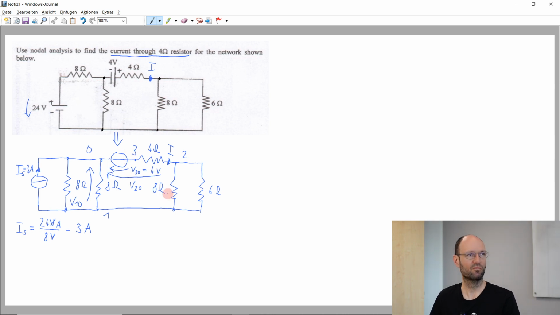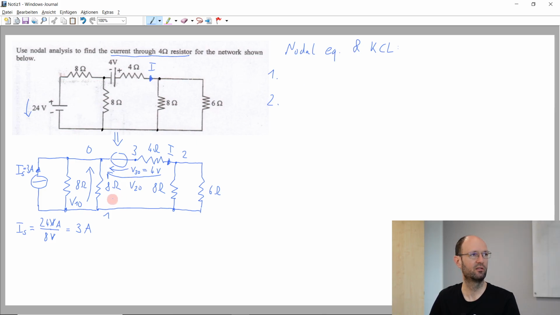Okay, so from my point of view, the next step would be to write down nodal equations, or Kirchhoff's current laws, for the remaining nodes, and these nodes are labeled 1 and 2.